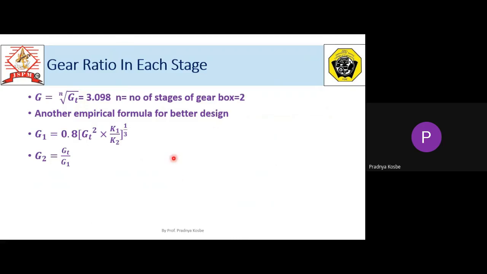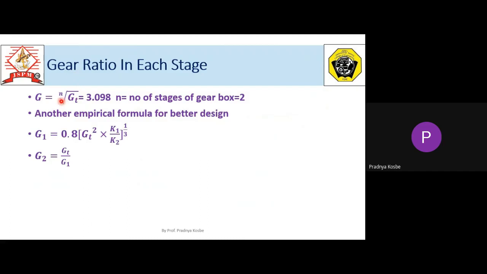It can be a 3-stage gearbox if the total gear ratio is greater than 36, correct? So if the number of stages is 3, then it is the cube root of GT.